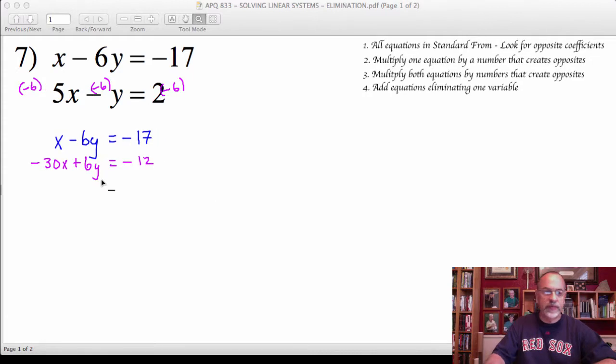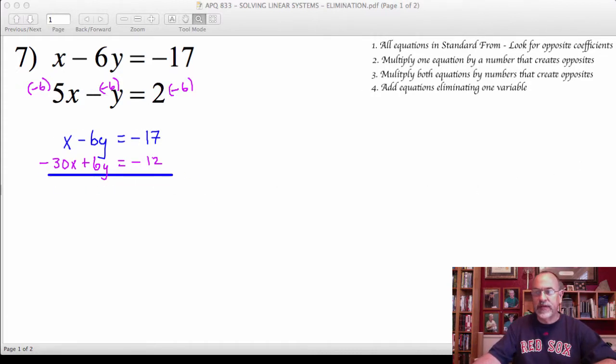My y's are opposites. So now I can go ahead and add these equations and eliminate that variable that has the opposite coefficients. So here I've got -30x, and x is going to give me -29x. The 6y and -6y equals 0, so the y is eliminated. And -17 and -12 is -29.